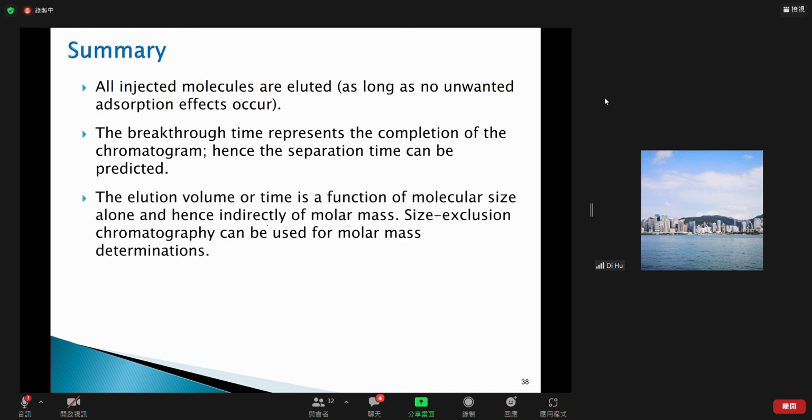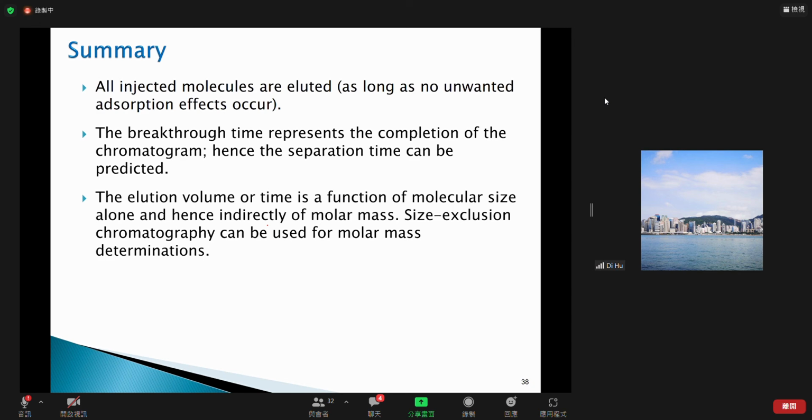The elution volume or time is a function of molecular size, not really molecular weight. But for polymers, when the size increases, the molecular weight increases. Therefore, the elution volume is indirectly a function of molecular mass.